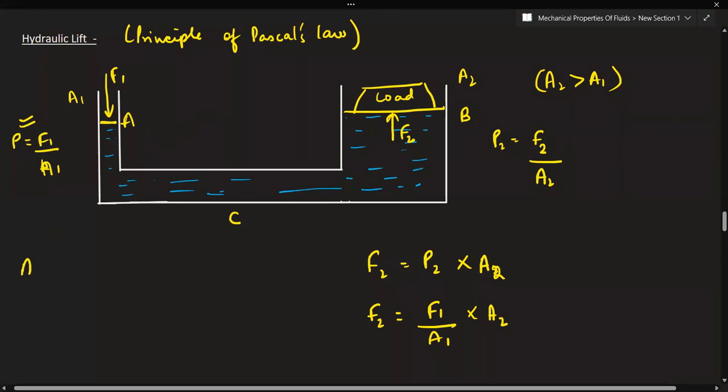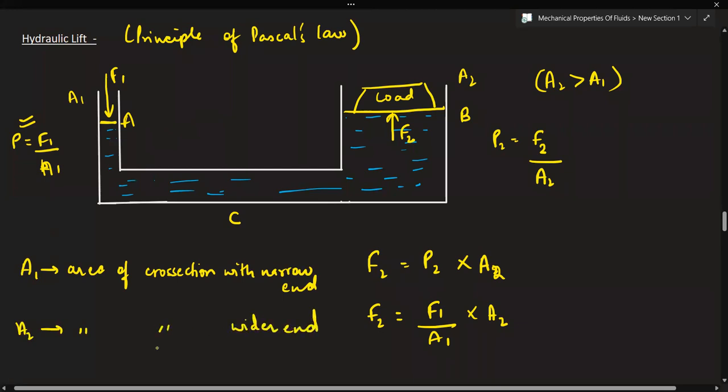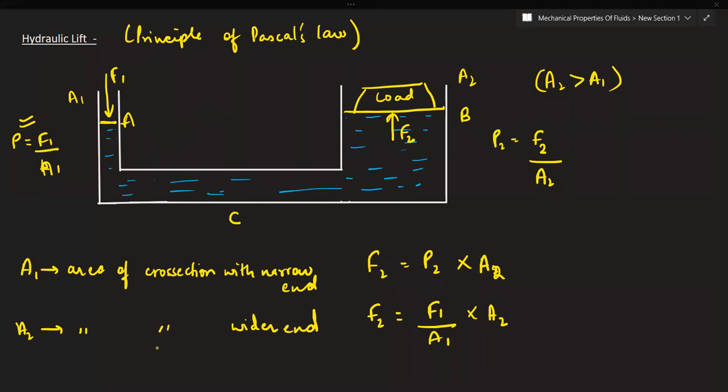And A1 is the area of cross section with the narrow end, and A2 is the area of cross section with the wider end. Understood? Yes, ma'am. Fine, note this down.